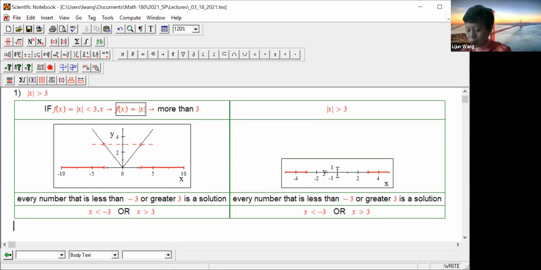One of the typical, popular mistakes is this: the student will write -3 larger than x larger than 3. Did you guys write it down? This is probably one of the most popular mistakes I have seen in my entire career.